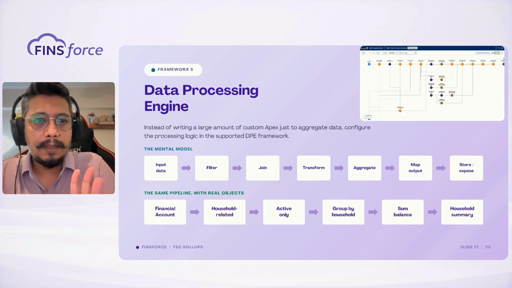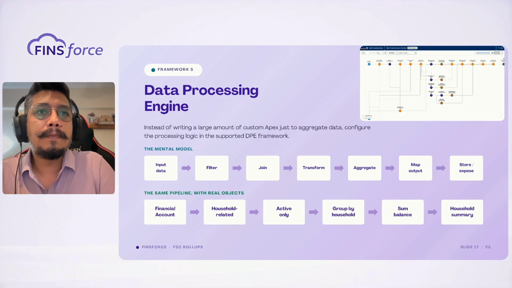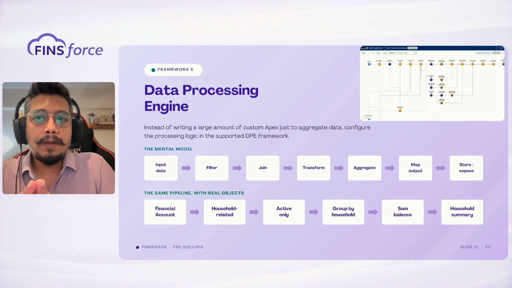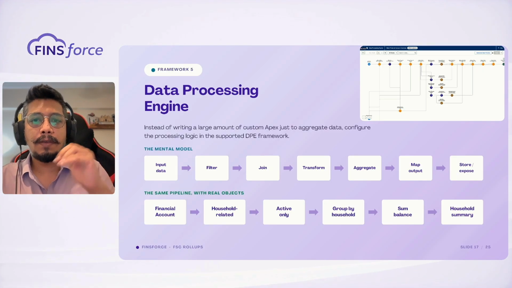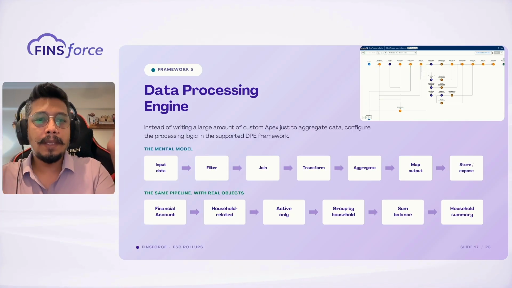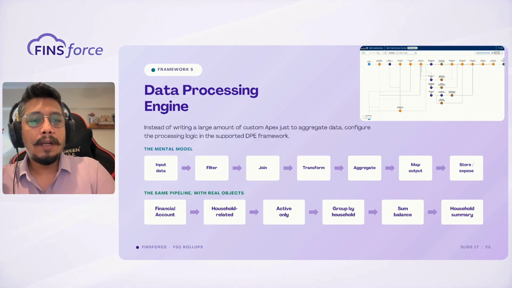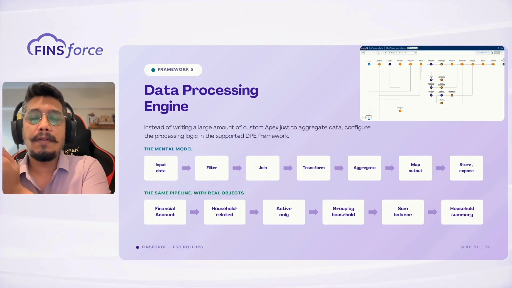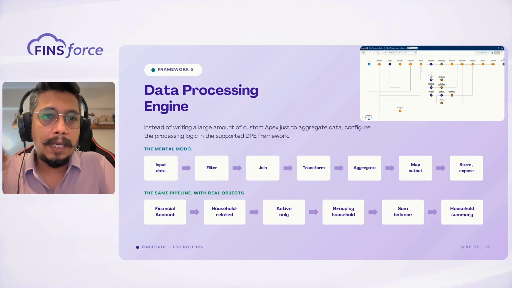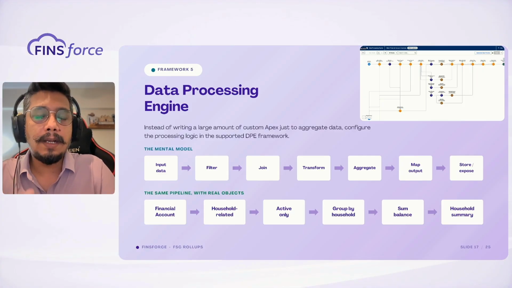Consider you don't have this data processing engine. If you want to create a complex rollup, you will write Apex where you will get the input data, create some logic for filter, then join all this data, transform it to a readable format, aggregate those records, and map the output with the lightning component. If you want to store it somewhere, you can store it or expose it to any output component like an LWC or a flex card.